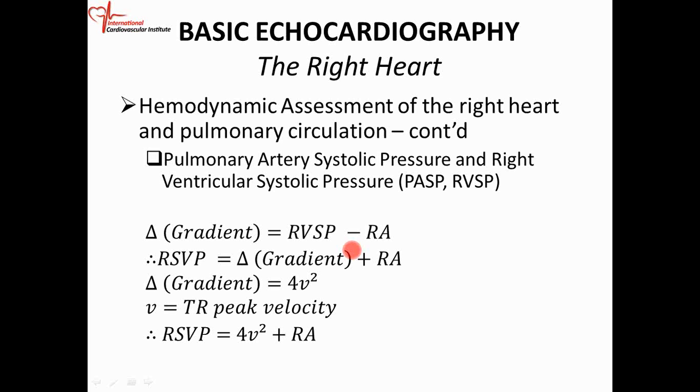Okay, so high pressure minus the low pressure, that's a gradient. And from our Doppler, we know that gradient is 4v squared. So if the pressure difference in tricuspid regurgitation is from the right ventricle to the right atrium, then the right ventricular pressure minus the right atrial pressure is equal to the gradient. So the right ventricular pressure is equal to the gradient plus the right atrial pressure.